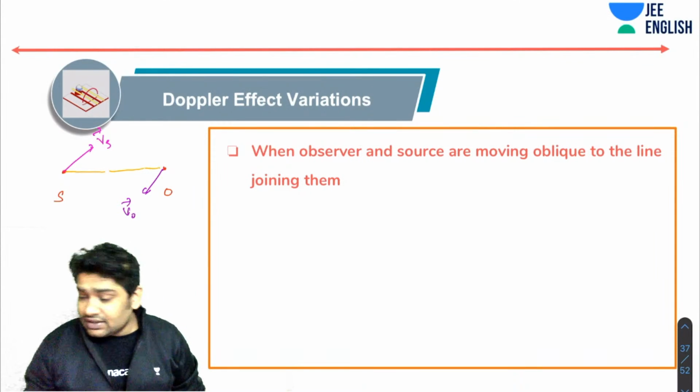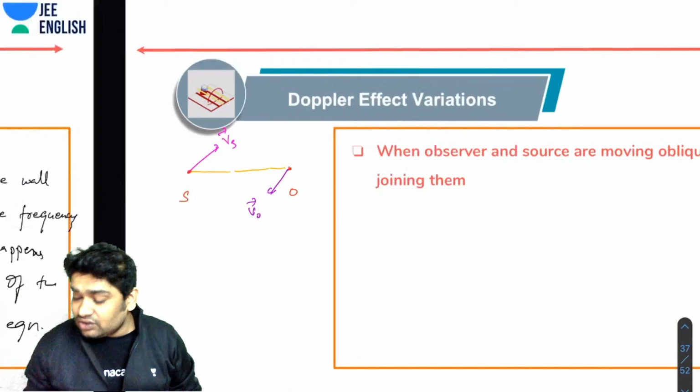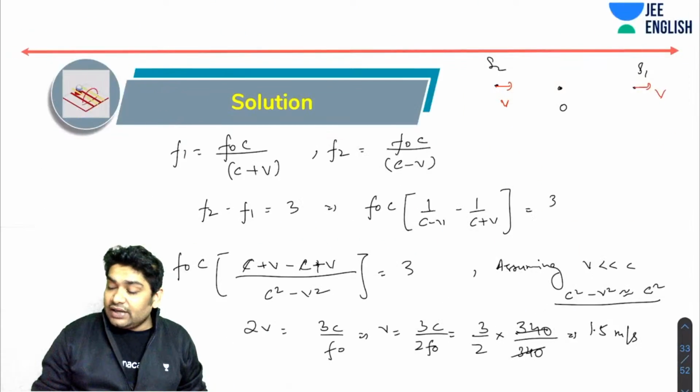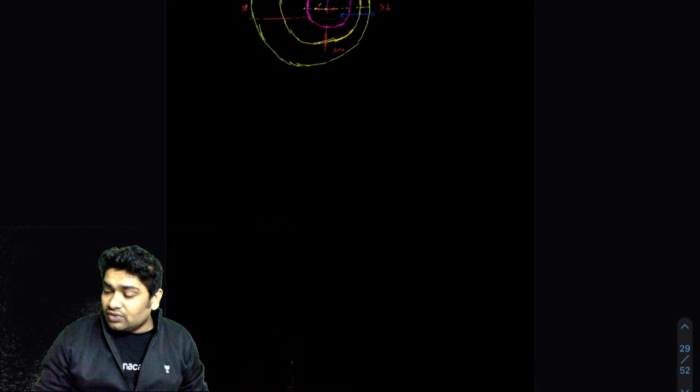The entire velocity that we have taken so far was along the line joining them. So what happens if the source and or the observer are moving perpendicular to the direction?